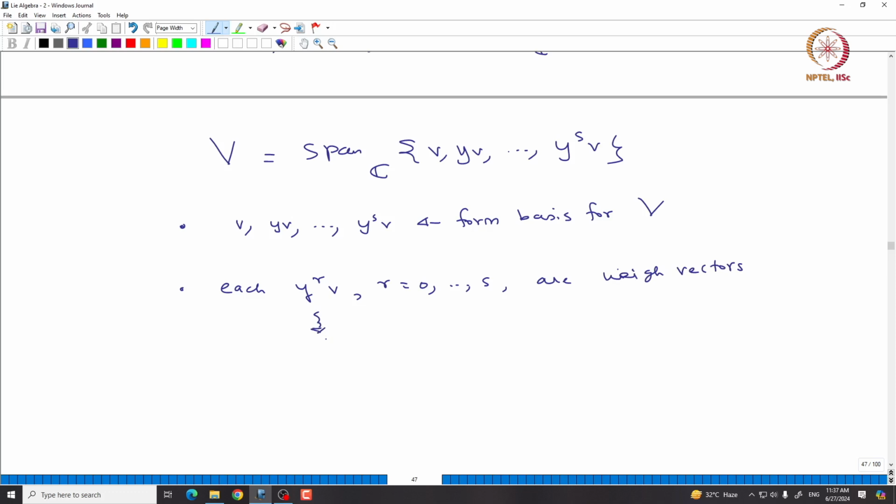This corresponds to the weight lambda minus 2r. So, this has the weight lambda, this has weight lambda minus 2, this has weight lambda minus 2s.